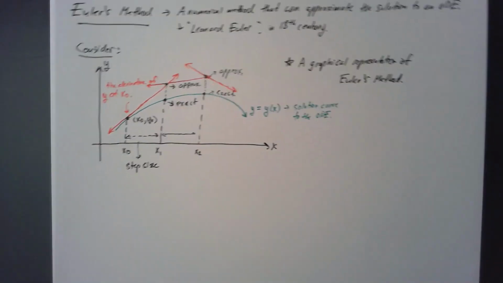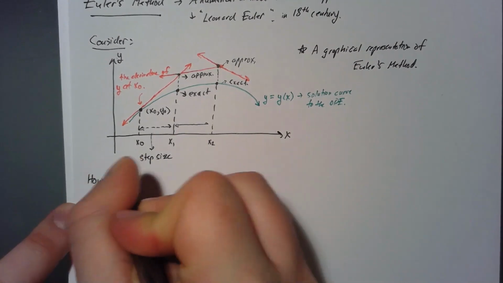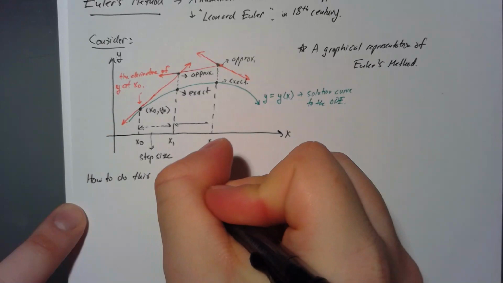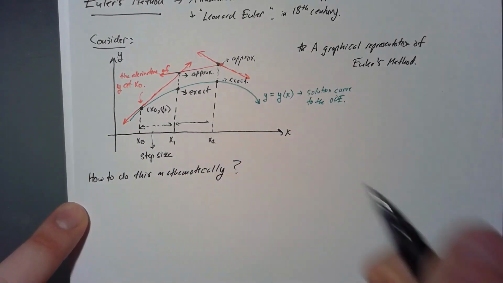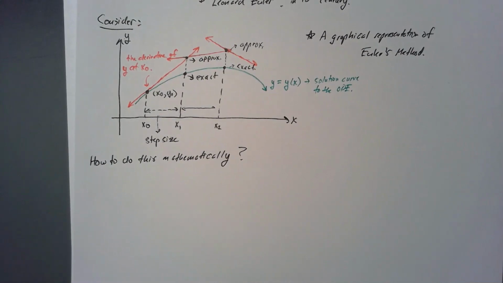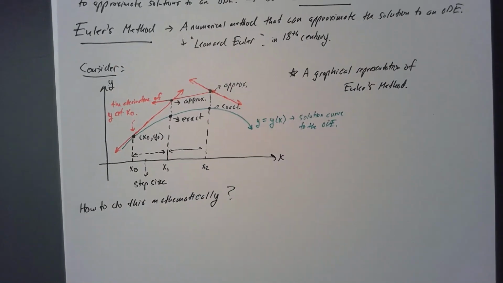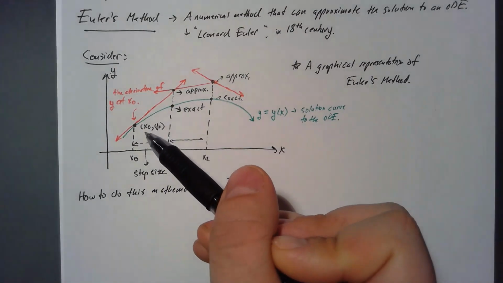So how do we do this mathematically? Well, it's an iterative process, and it kind of comes from, I have a starting point, right?